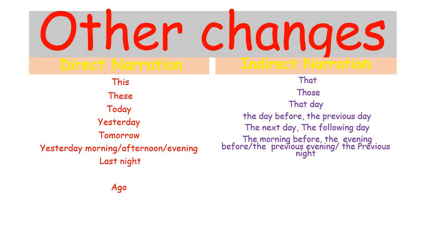Then last night will convert into the night before or the previous night. Then here will convert into there, then ago will convert into before. So these things change here. Now will be changed to then.